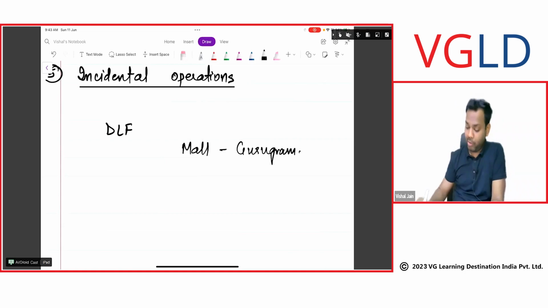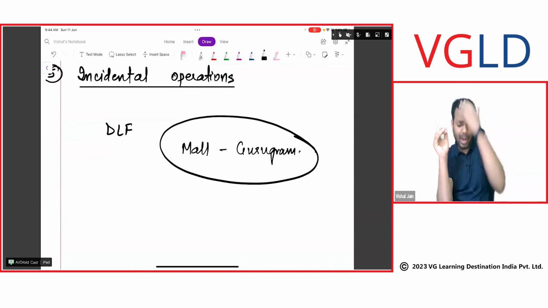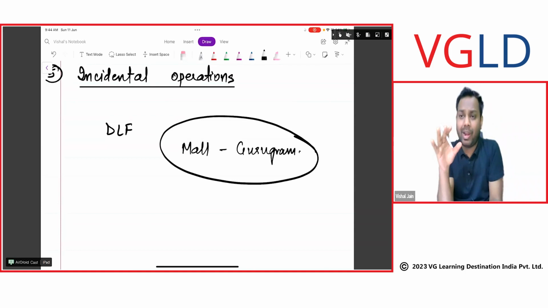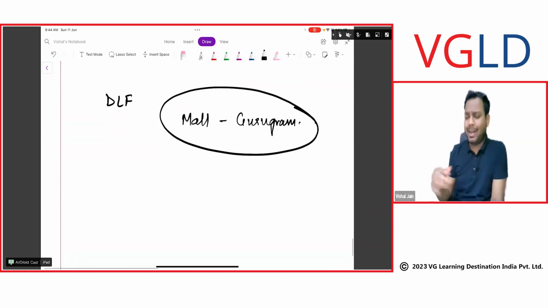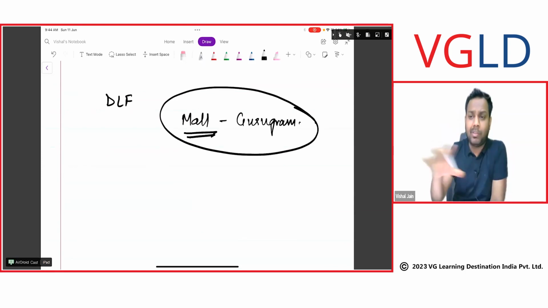This mall is getting constructed, but the construction of the mall takes time. When the mall was halfway under construction, and the construction was being done, DLF thought, why not utilize this place for car parking? So it made arrangements for the car parking.